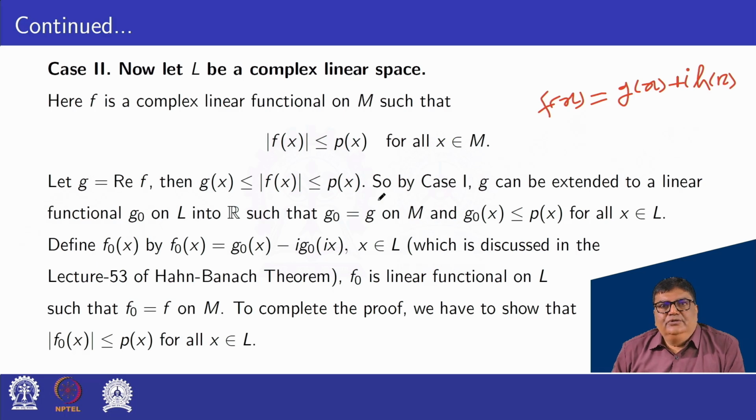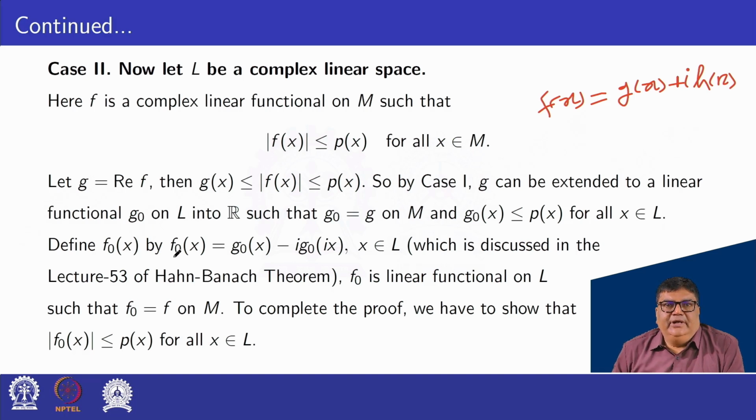Okay. So by case first, g can be extended to a linear functional g0 on L into R, such that g0 is equal to g on M and g0 of x is less or equal to p of x for all x belonging to L.